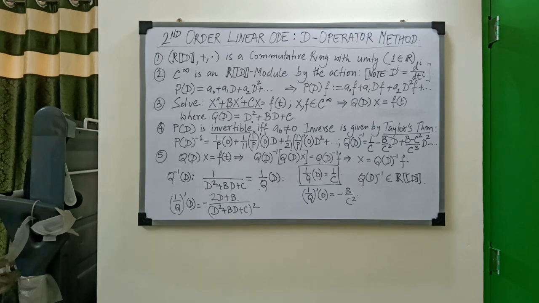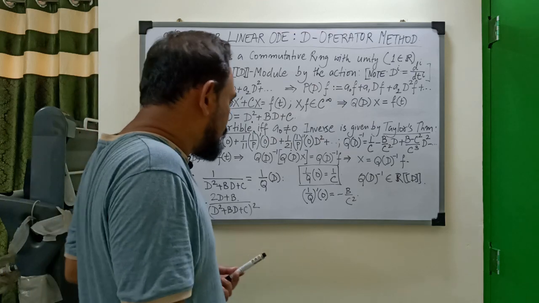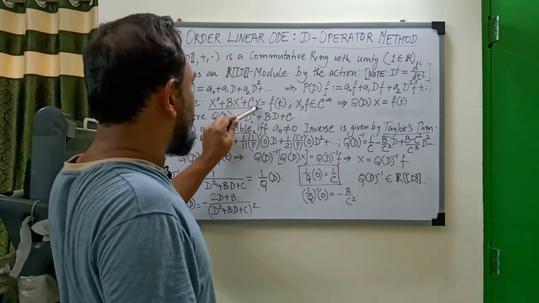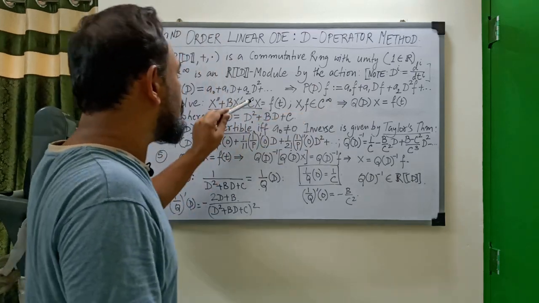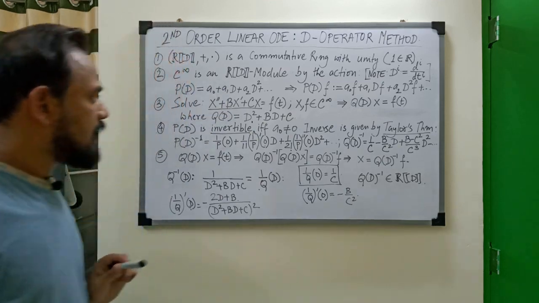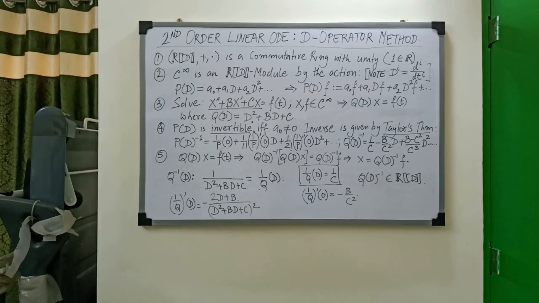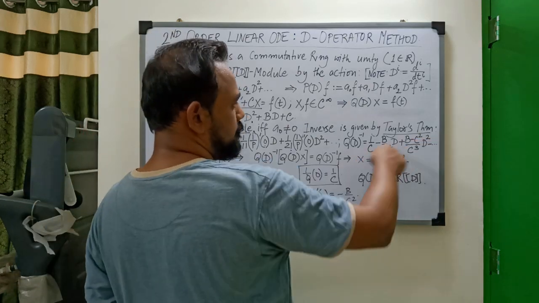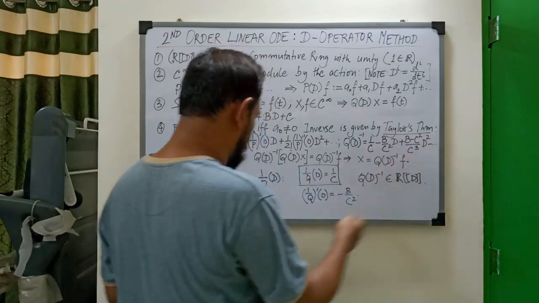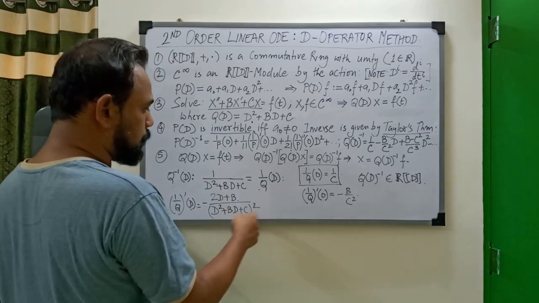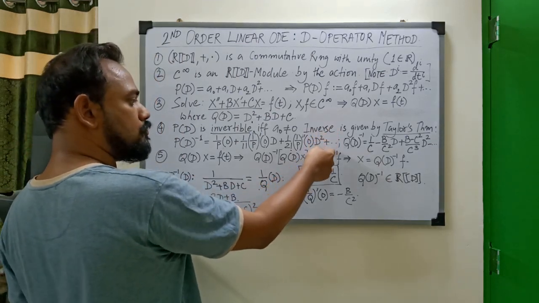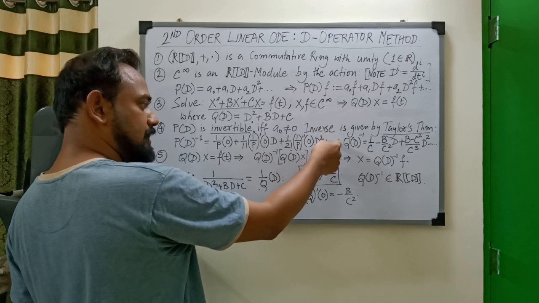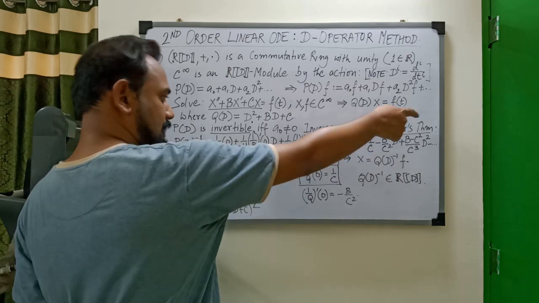Now that we have established that we are solving equations where X and F are from C infinity and C is not zero, we know we can find the QD inverse by a formula like this. If you wanted the next term, you would have to differentiate it once more at 0. And the next term would be 1 over 3 factorial, 1 over P differentiated 3 times at 0, D cubed, like that.